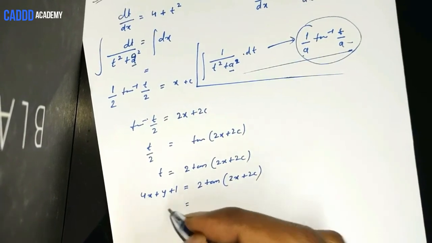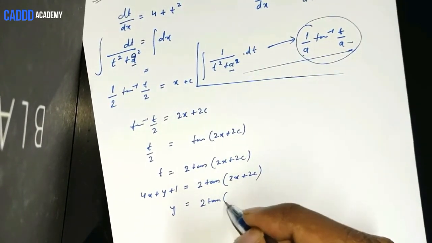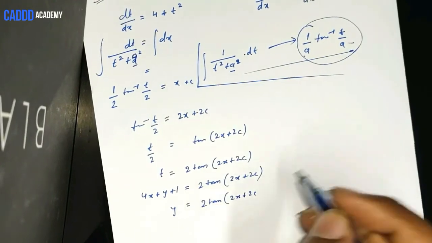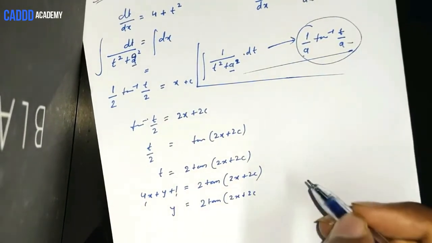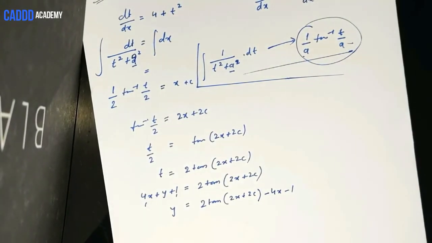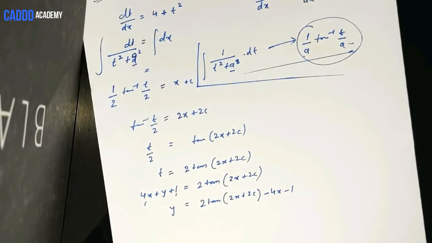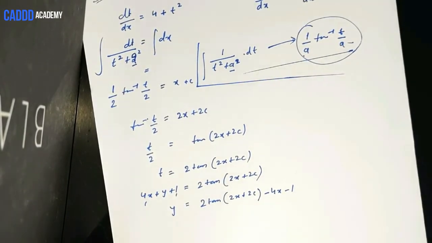We generally write the solution as y is equal to 2 tan (2x plus 2c), and taking these both things to this side, minus 4x minus 1. So this is the solution of this equation. Again I'm telling that I'm taking only hard problems so that you can do easy problems very easily.